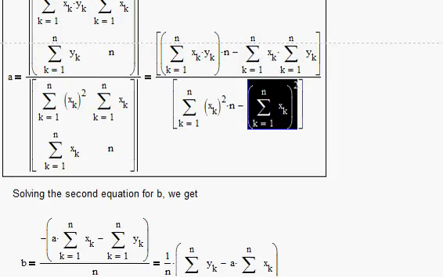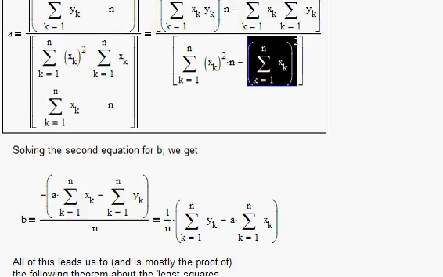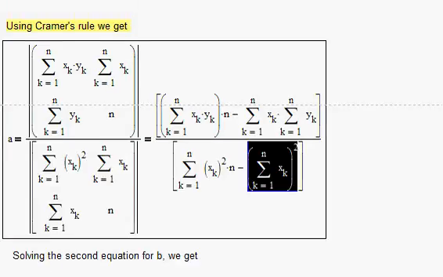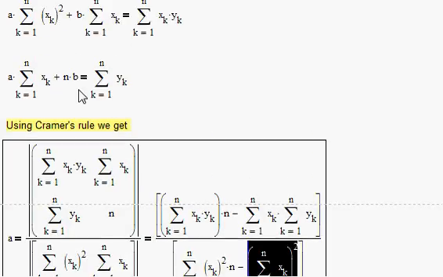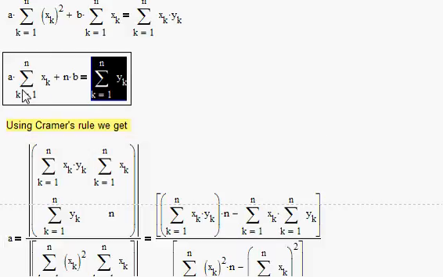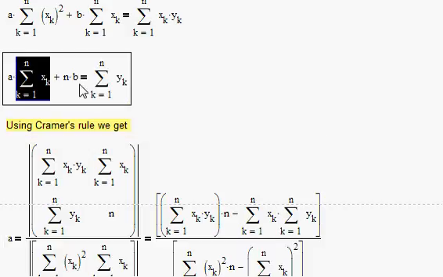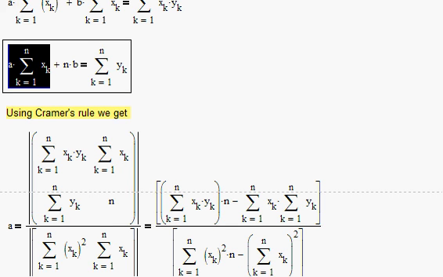And if you solve the second equation for B, B equals this sum minus this sum, actually I have to fill in the A, and then divide that by n.